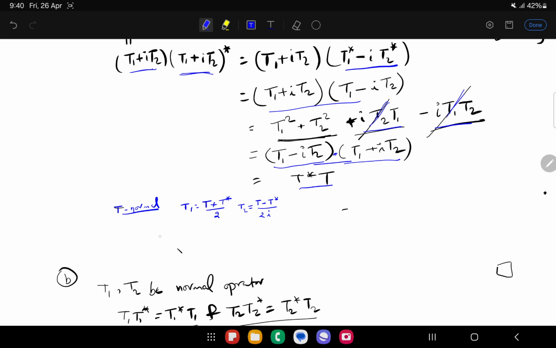Right, now this implies that T can be written as T1 plus i T2, right?